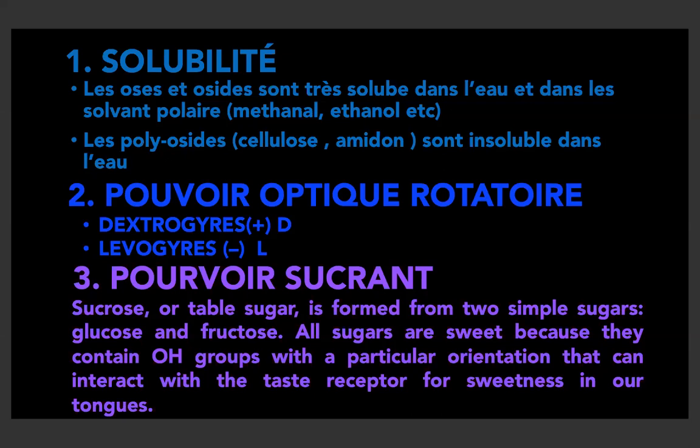Then polyosides are not soluble in water. An example of a polyoside is cellulose. Because it is a poly, it is unable to dissolve in water, because there are a lot of glycosidic linkages that are supposed to be cut by the water molecules.